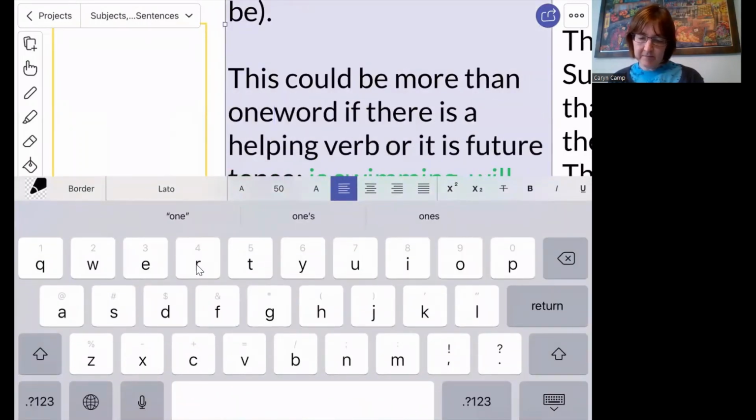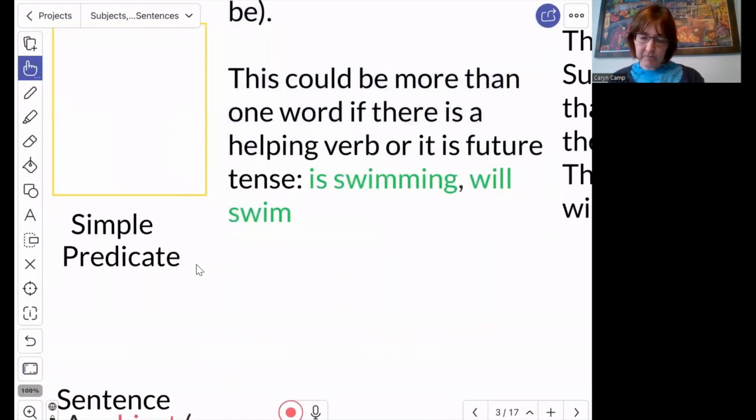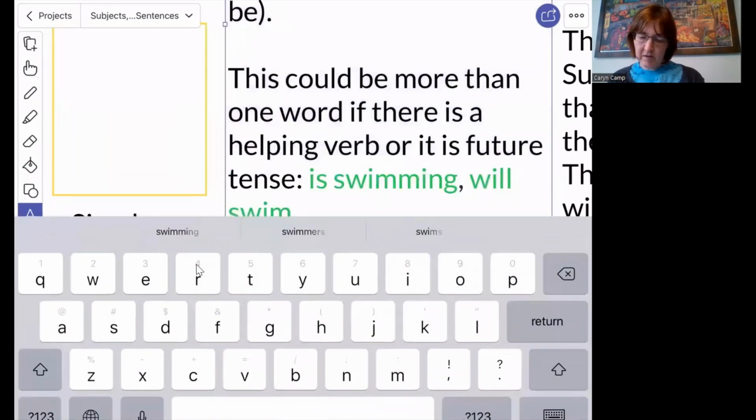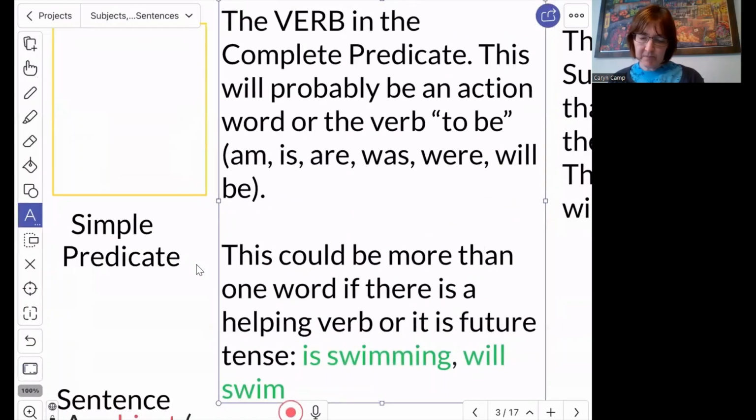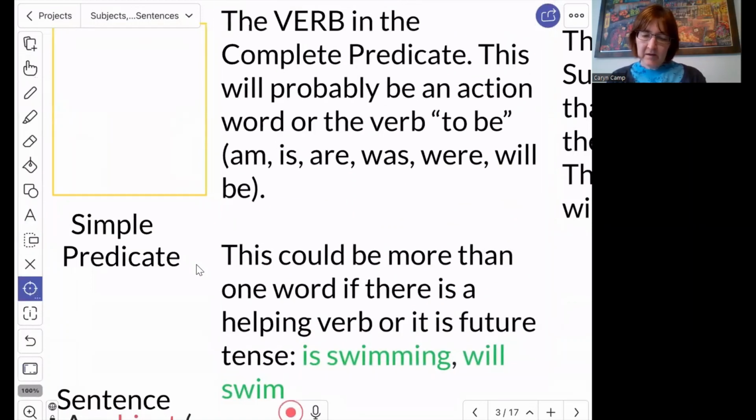This could be more than one word if there is a helping verb or it is future tense, like is swimming, will swim. That would be a two-word verb. So the simple predicate is just the verb in the complete predicate.